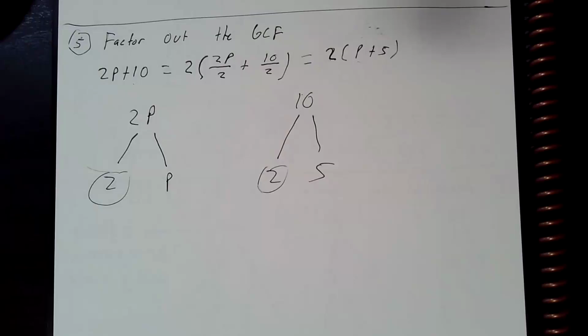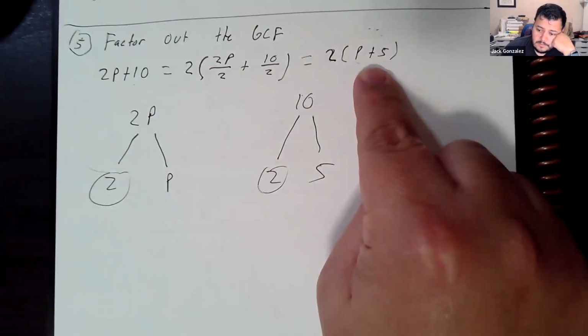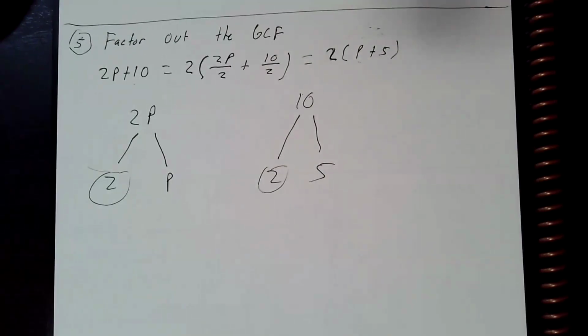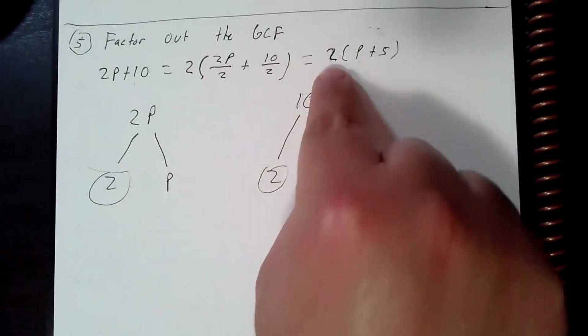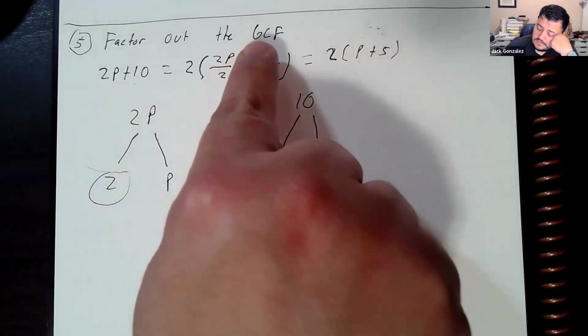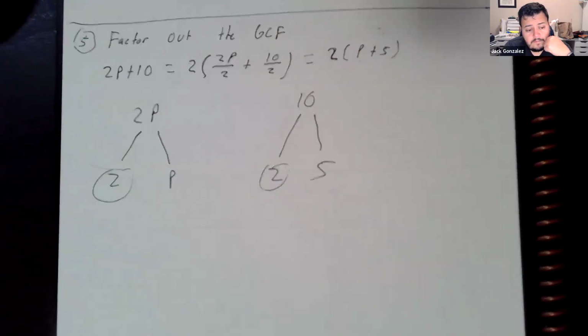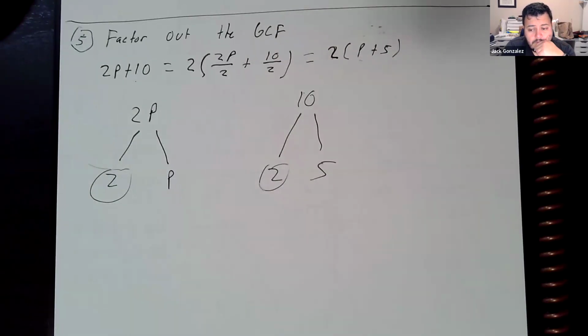The answer is this one here, by the way. 2 is the GCF. When they said factor out the GCF, that means factor out the 2 in this case. Any other questions?